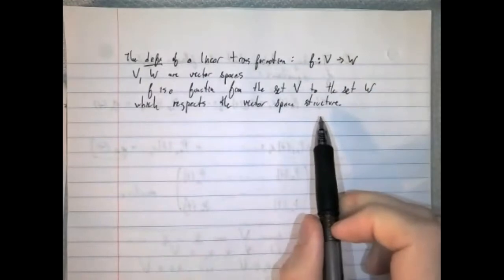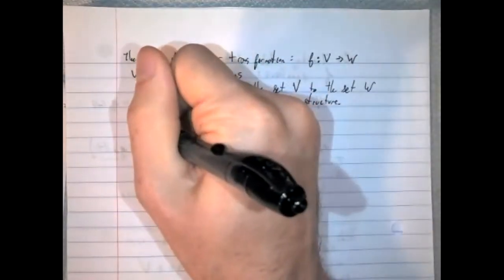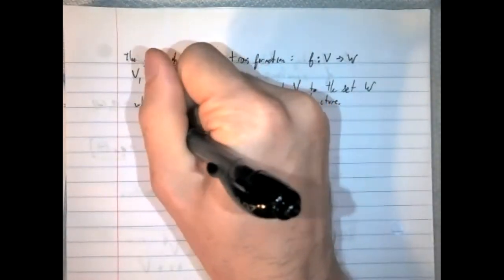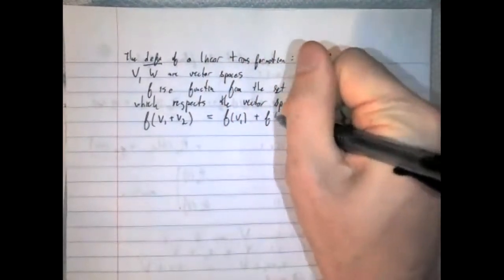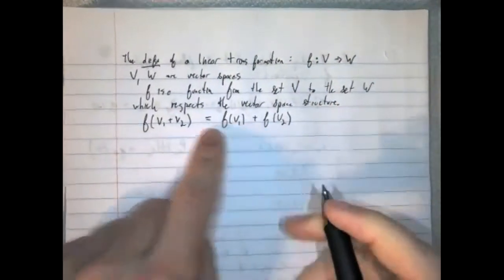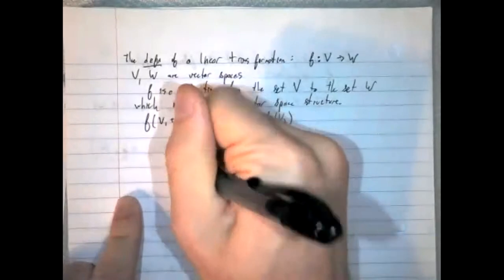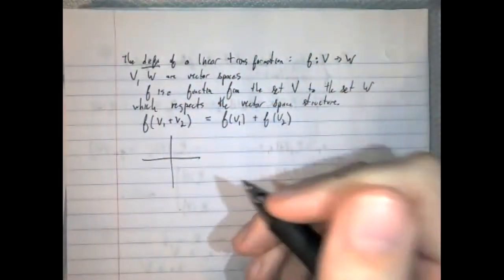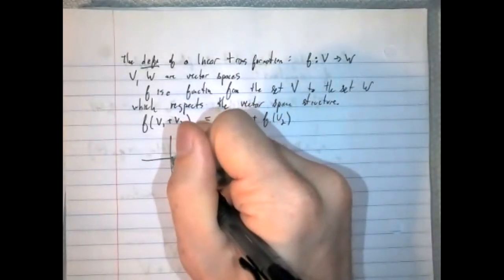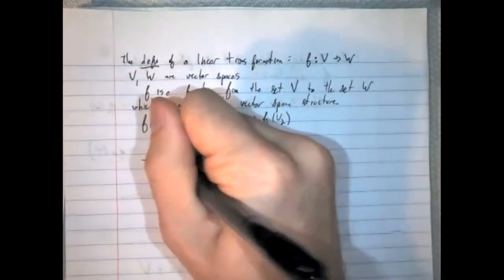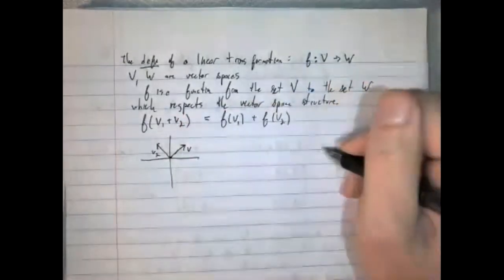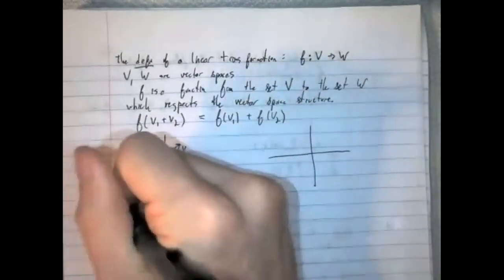So what does it mean to respect the vector space structure? That means the following thing. If I take a sum of two vectors, if I'm looking at f of v1 plus v2, this should be equal to f of v1 plus f of v2. So what I'm saying here is, let me draw pictures. I'll just be drawing two-dimensional pictures, but this is saying that if I have some vector v1 and some vector v2, and then I have some linear transformation to some other vector space, so here's v and here's w.